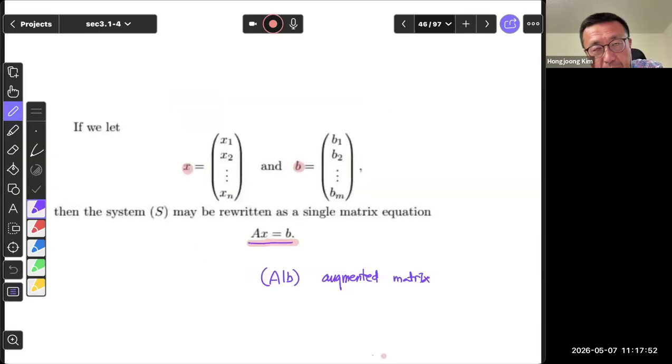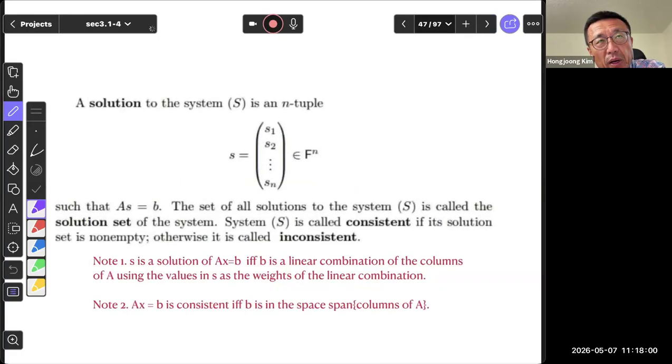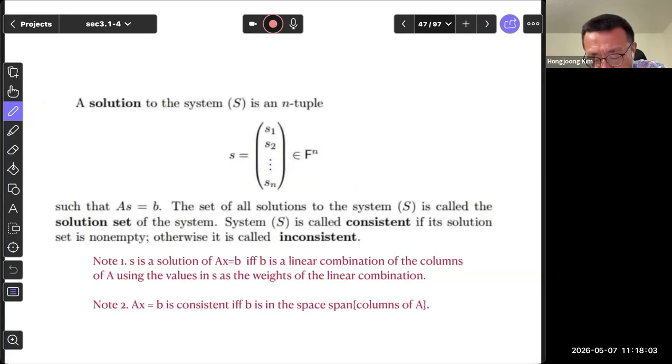Given Ax equals b, a system of m equations in n unknowns, when I say a solution to the system, it means this: if some vector s is a solution, then s, when plugged in place of x, makes the equation true. So A times s will become b.